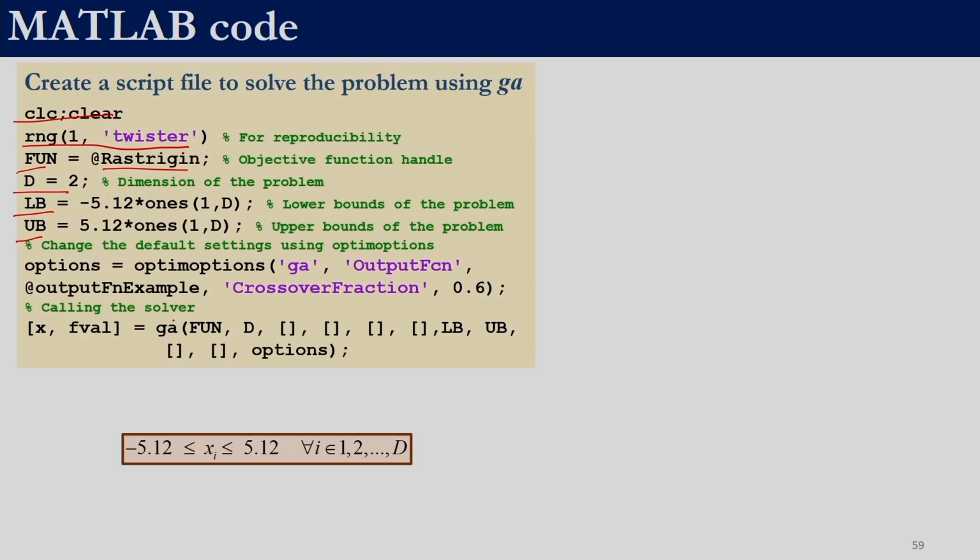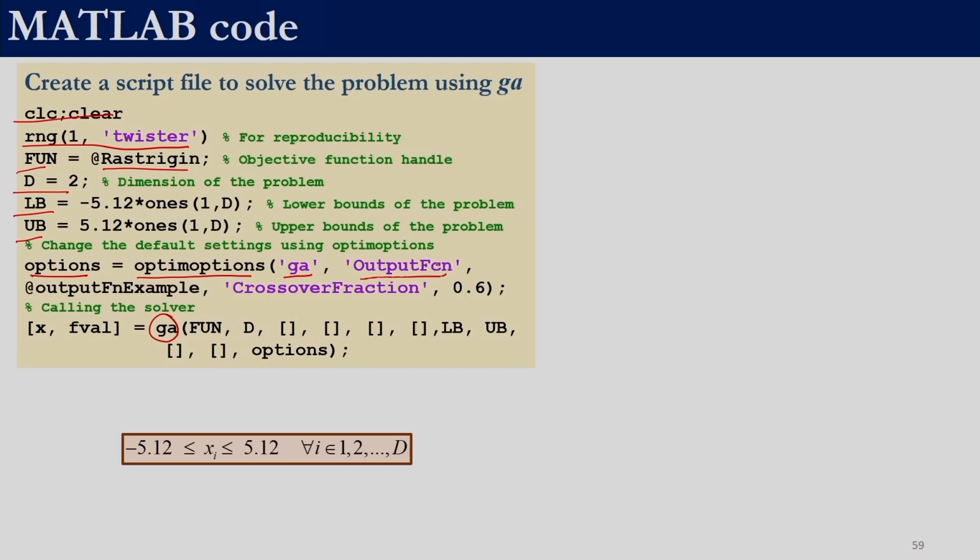Remember, the GA function by default does not go into the output function file unless we inform GA through options. So right now we are defining options. This is a variable name, and we are using the function optimoptions, with the name of the solver that we are currently working with, GA. If you are working with fmincon, then you need to give fmincon.